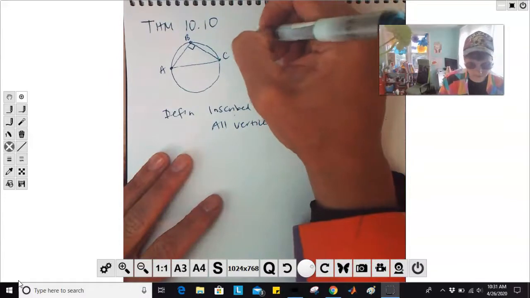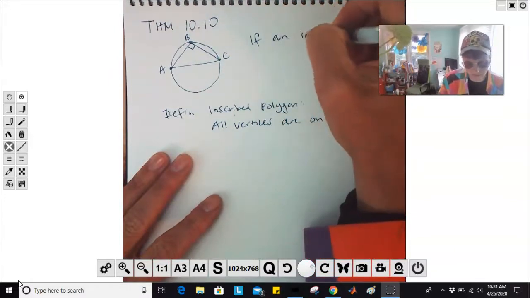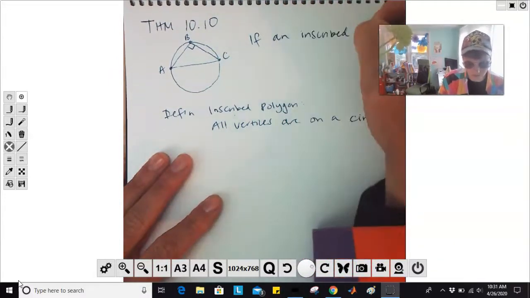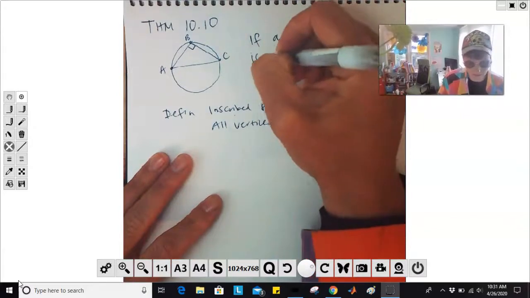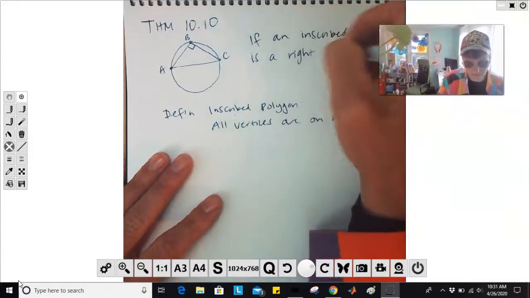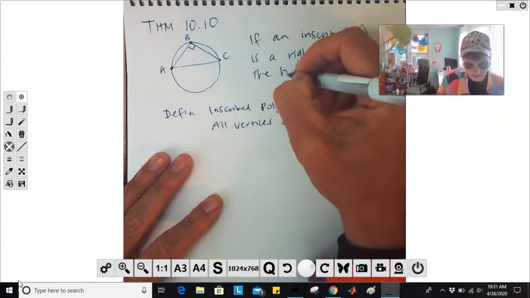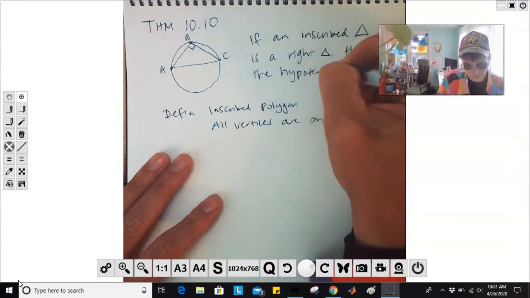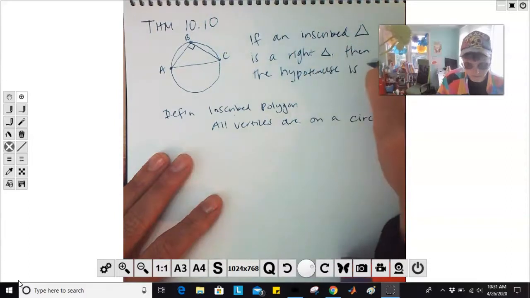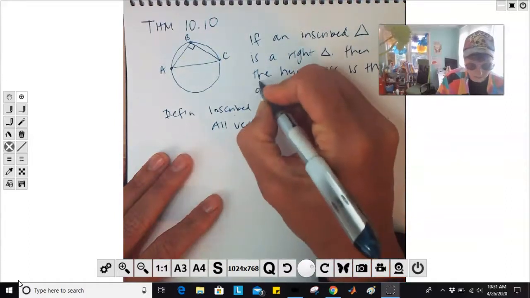If an inscribed triangle is a right triangle, then the hypotenuse is the diameter.